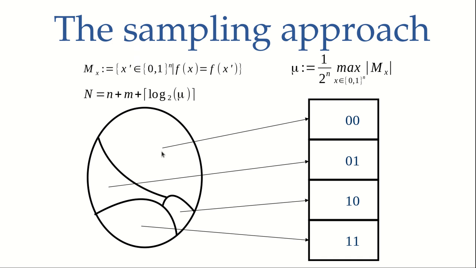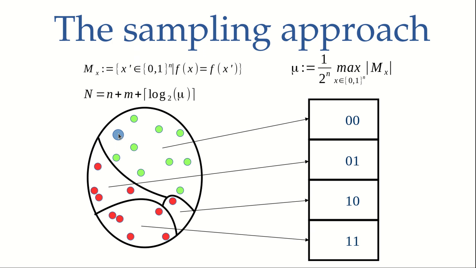So the approach is now to sample uniformly at random some input pattern, and then continue sampling other input patterns and looking at how many of those are mapped to the same output as this initial input pattern that we sampled. And this gives us an estimate of the size of the set m of x for this particular x that we sampled here.